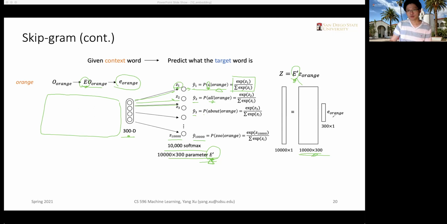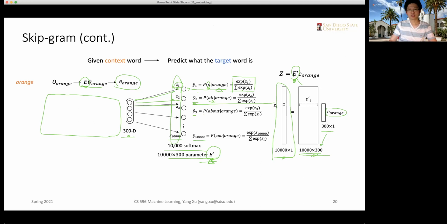So when we take the vector of orange, which is 300 by 1, and multiply it with this 10,000 by 300 matrix, according to the principle of matrix multiplication, it will output a 10,000 by 1 vector. That vector is just this Z vector, and this Z will now be normalized and output the Y hats.